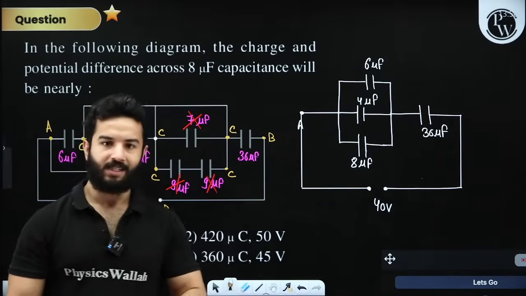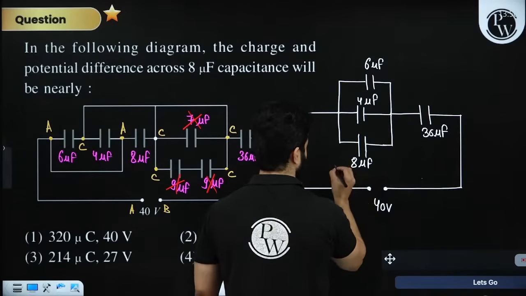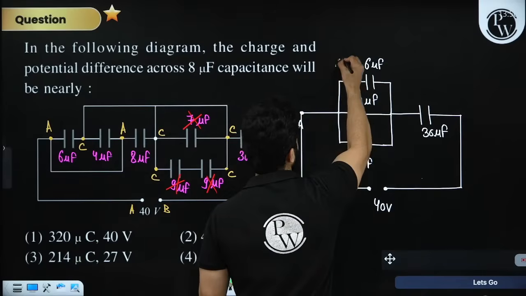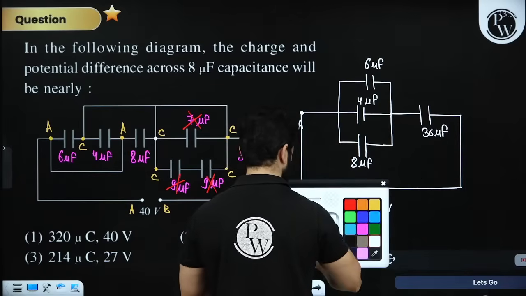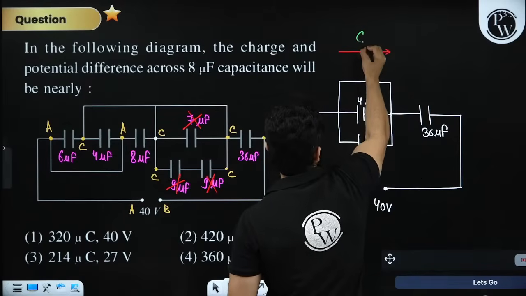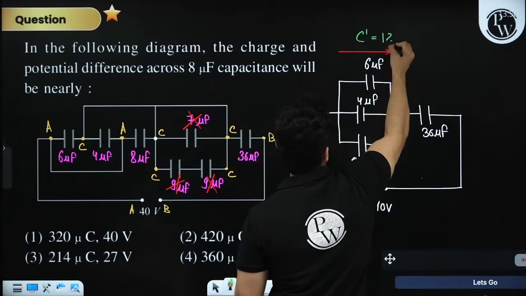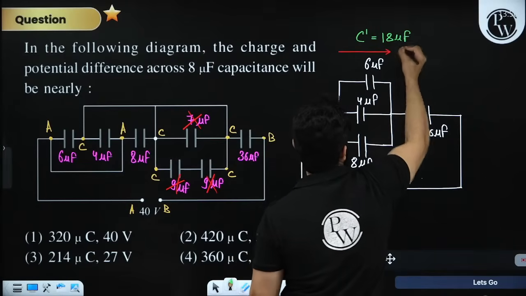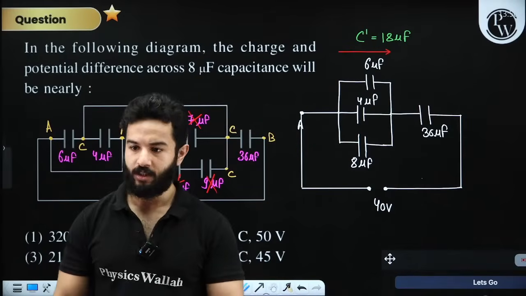Hopefully everything is clear. Doston, the equivalent of this entire thing will become 10 and this is 18. So 18 microfarad and 36 microfarad. Is it clear, doston?